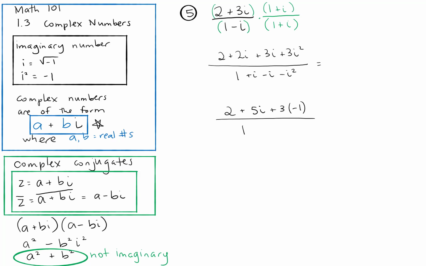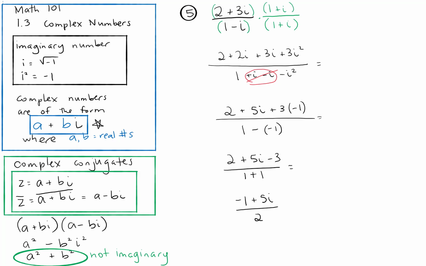And I get 1 minus i squared, which is also a negative 1, because those two middle terms cancel out. Alright, let's simplify a little bit more. I get 2 plus 5i minus 3 over 1 plus 1. And so then I get negative 1 plus 5i over 2.